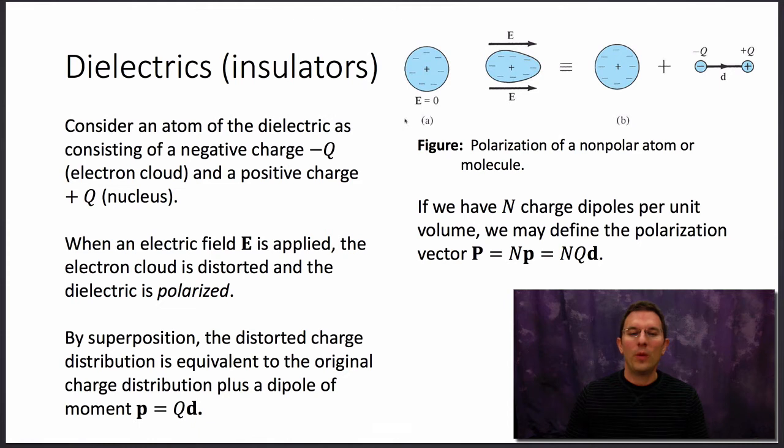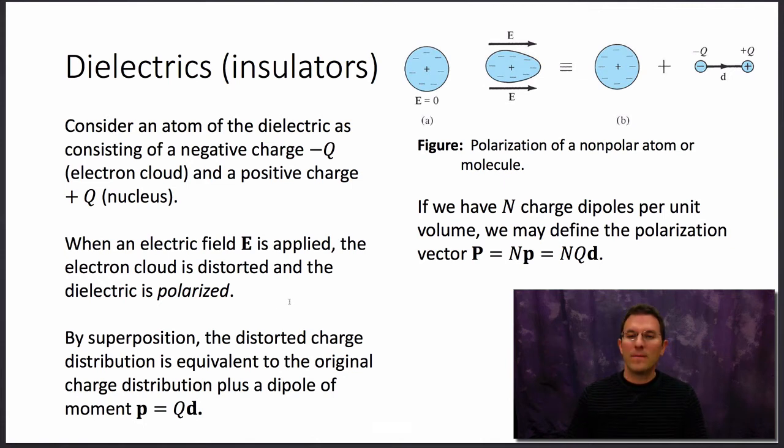And when we apply an external electric field, the positively charged nucleus feels a force in one direction, and the negatively charged electron cloud feels a force in the opposite direction. And so essentially the electron cloud gets distorted, all right? And we call that distortion polarization.